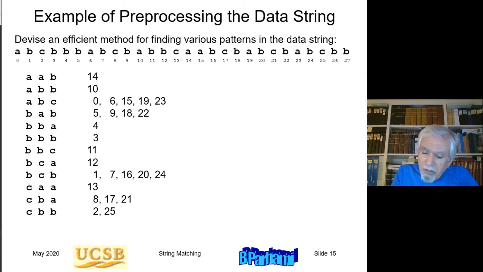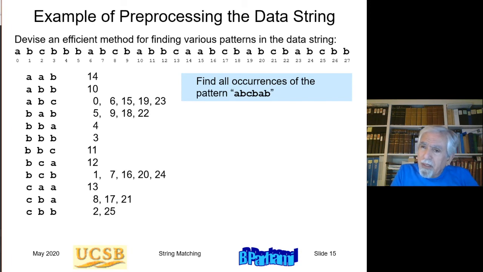And now if you go and search for a particular string, okay, so you put ABCBAB in the search box, okay, Google already knows where all the ABCs are. Here they are. And then it also knows where all the BABs are.